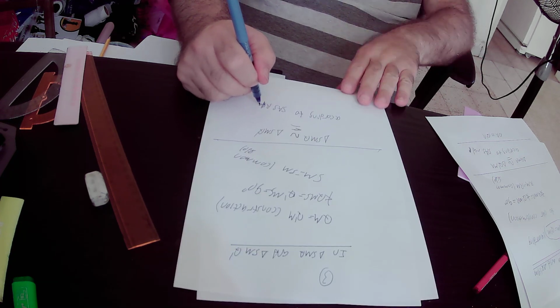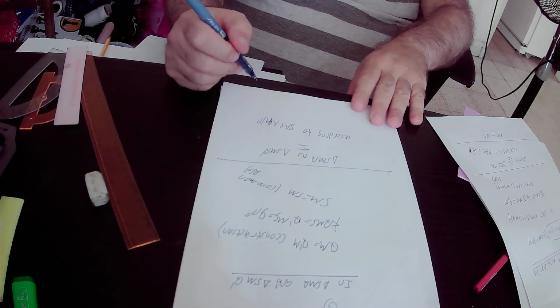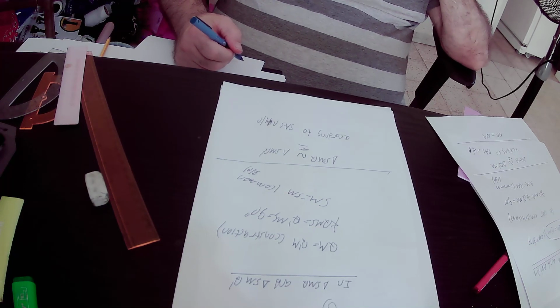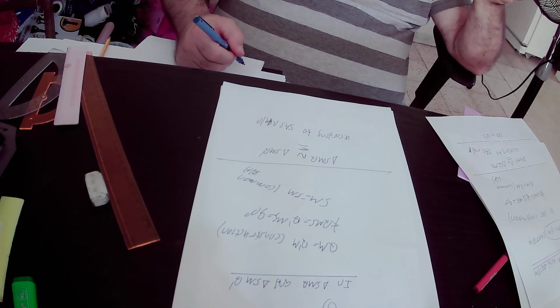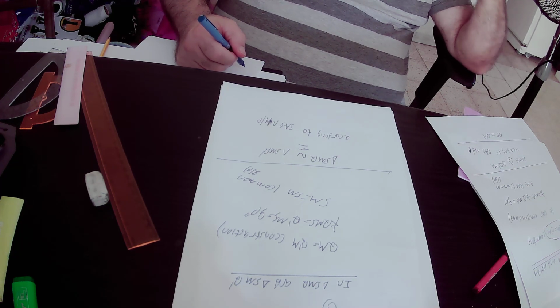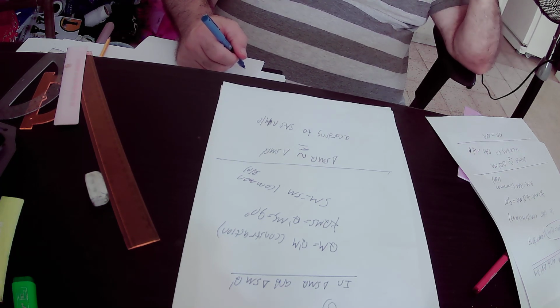So what is the side angle side rule? If you prove that two sides and the angle between them in one triangle are correspondingly equal to two sides and the angle between them of the other triangle, then you prove that those two triangles can go into each other according to the side angle side rule.